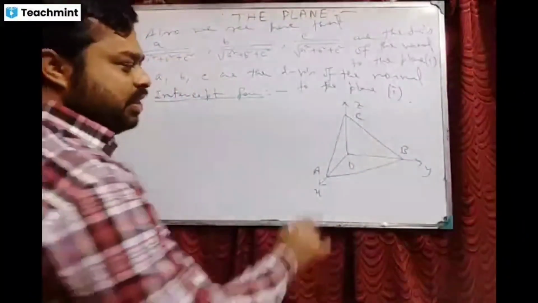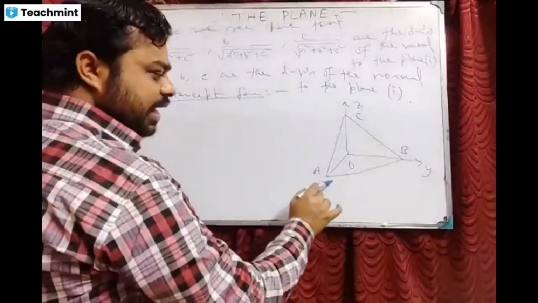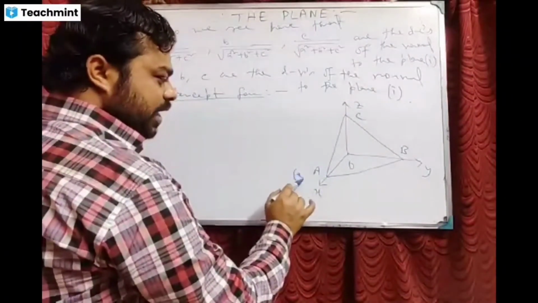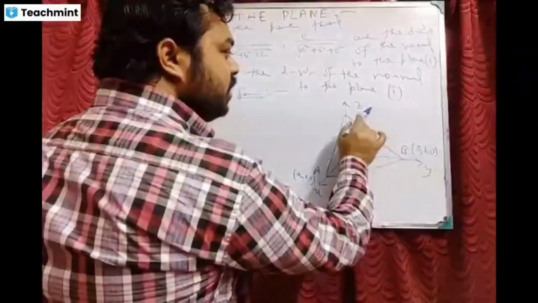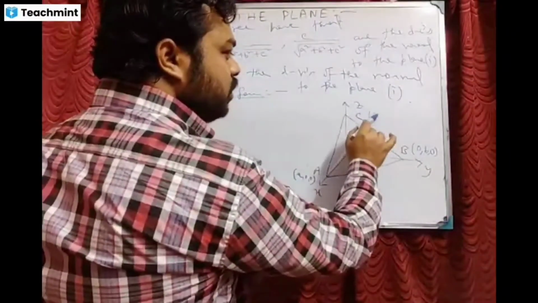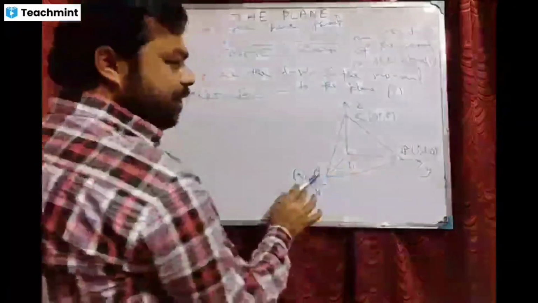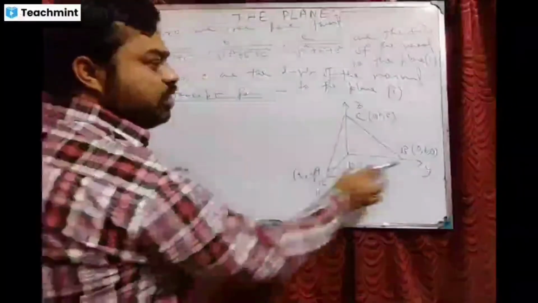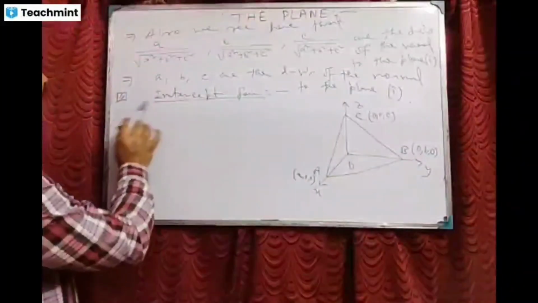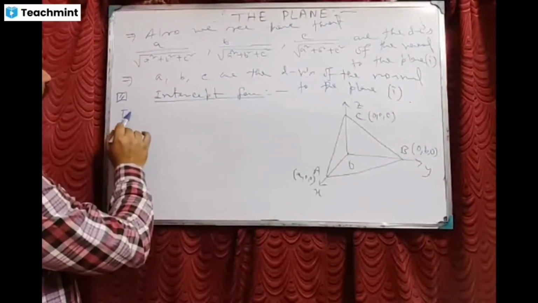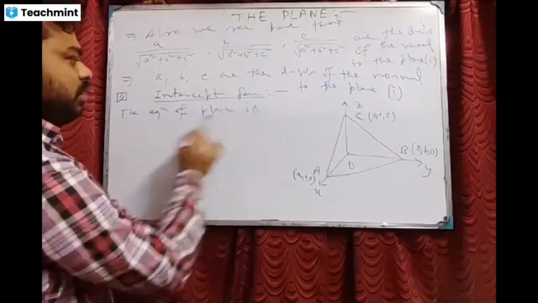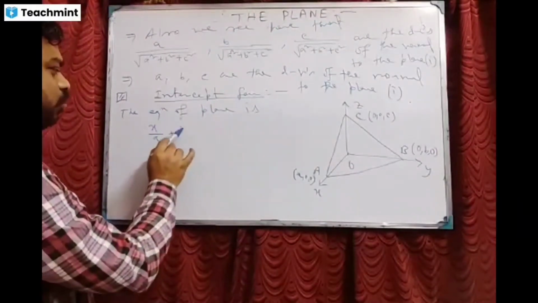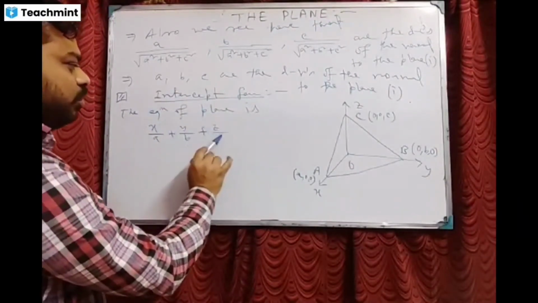Suppose the plane ABC meets the x-axis at the point (a,0,0), the y-axis at the point (0,b,0), and the z-axis at the point (0,0,c). This is capital A, capital B, capital C. This is small a, small b, small c. Then the equation of the plane in intercept form is x by a plus y by b plus z by c equals 1.